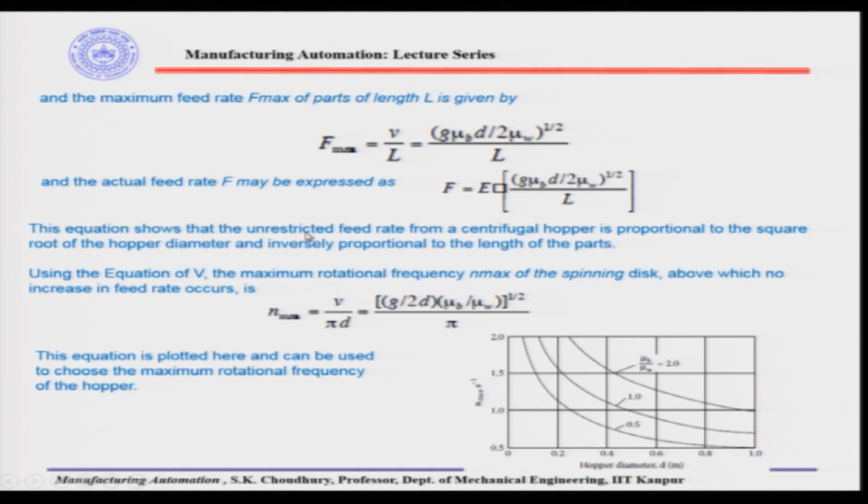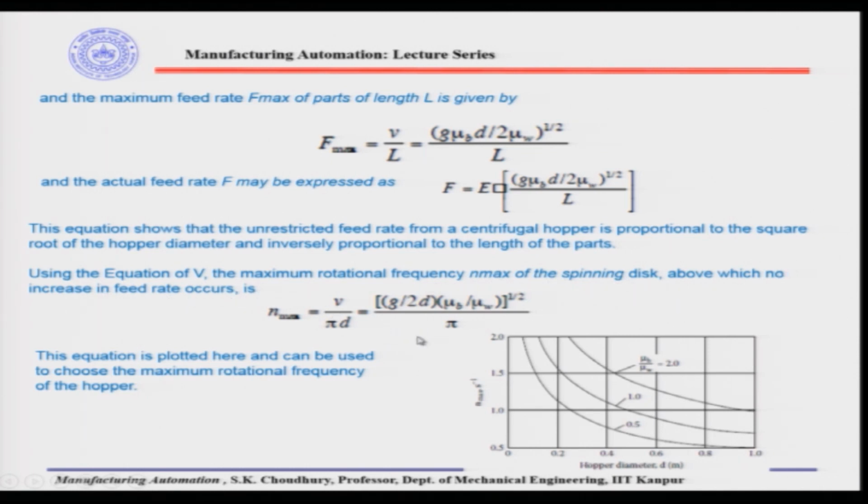This equation shows that the unrestricted feed rate is proportional to the square root of the diameter of the hopper here, and inversely proportional to the length of the parts. Okay. Now, using the equation of v that we have said, we get the maximum rotational frequency n max of the spinning disc, above which no increase in the feed rate occurs.